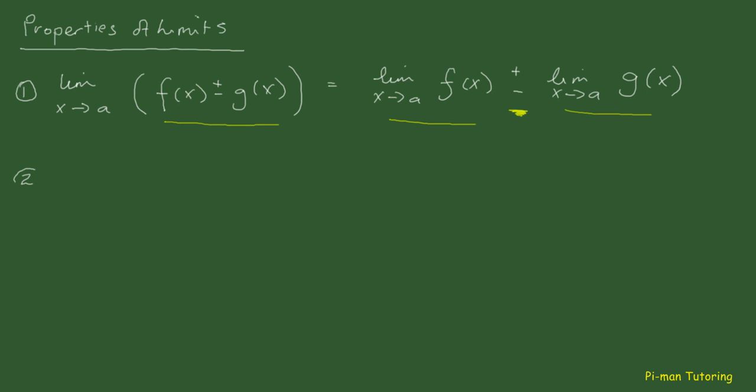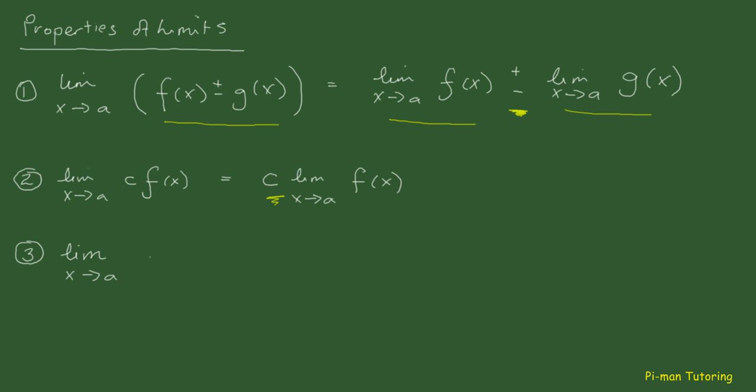Similarly and intuitively, I guess, the limit as x tends to a of some constant multiplied by a function. If you have that situation, you can simply pull the constant outside the expression and evaluate the limit of the function on its own, and then multiply by the constant after the fact. So that's useful. The third type would be the product version of rule number 1.